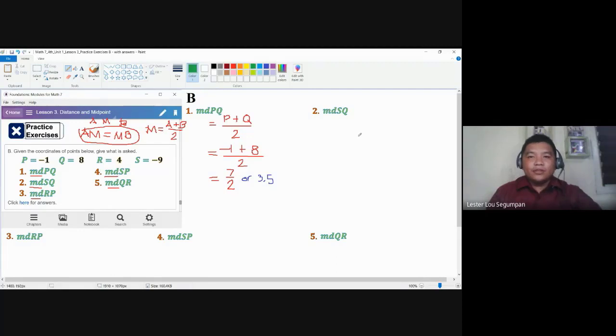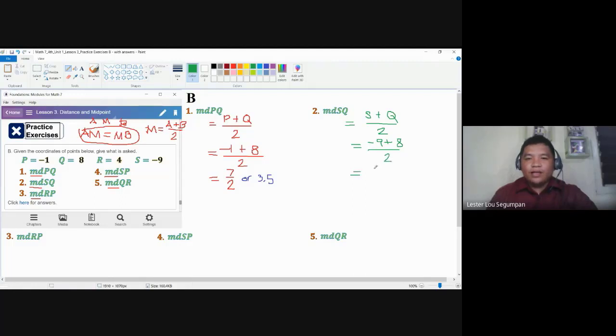Let's proceed to number 2. Let's have here S plus Q all over 2. S is given to be negative 9 and Q is 8, all over 2.